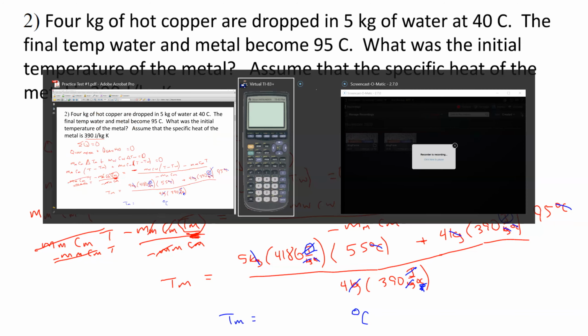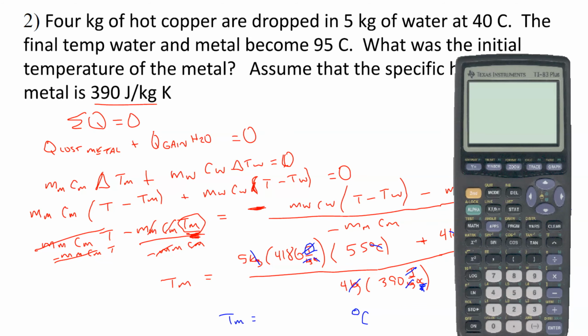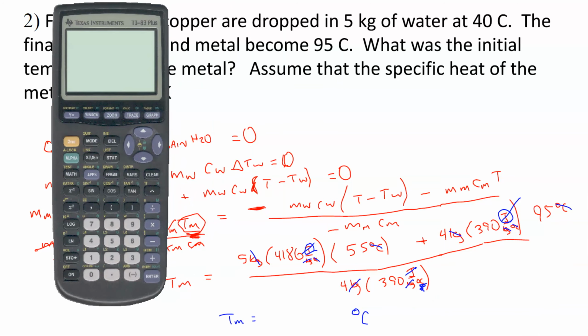And all I got to do then is push some buttons, if I can find a place to put this and see everything. Okay, so I'm going to start the whole numerator with a parenthesis here. Make sure that that whole top happens before the bottom.